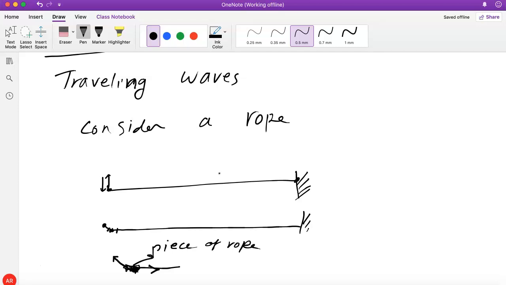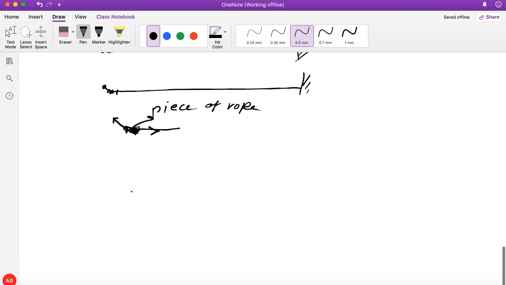And then if you go up a little bit and then you bring it down. Again, suppose you bring it down a little bit now. So you create maybe a kink, something like this. And thinking about this piece over here, there's going to be some tension this way and some tension that way.